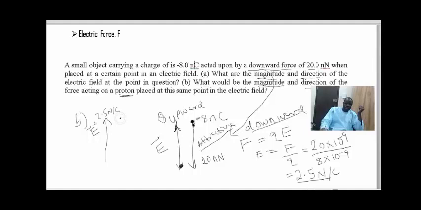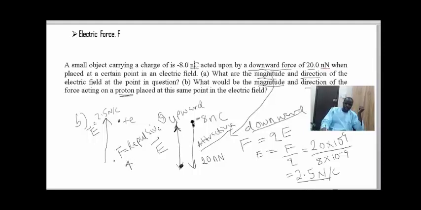If we place a proton here, a positive charge, then this field will act on the proton, and in this case our force is going to be repulsive, and again our force is going to be upward.